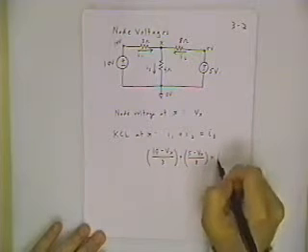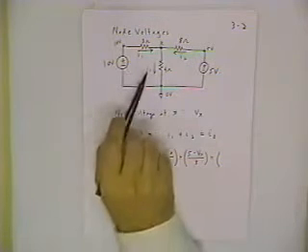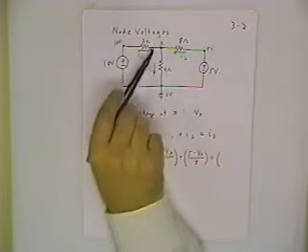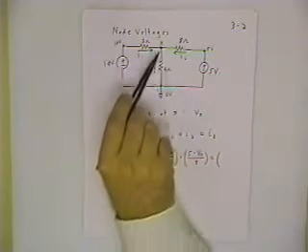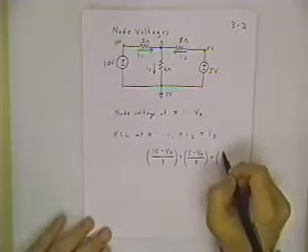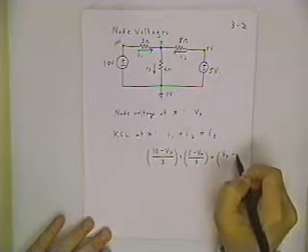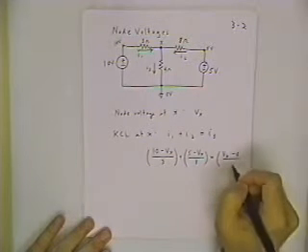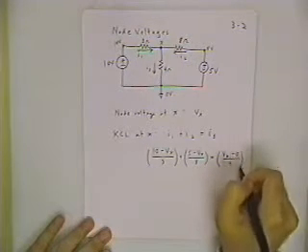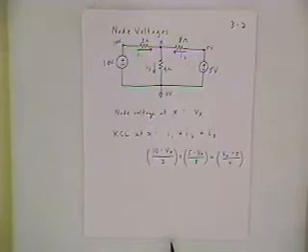And then finally that has to equal the remaining current I3. This current is going from higher to lower potential from V sub X to 0, so I can say this is V sub X minus 0 divided by 4.